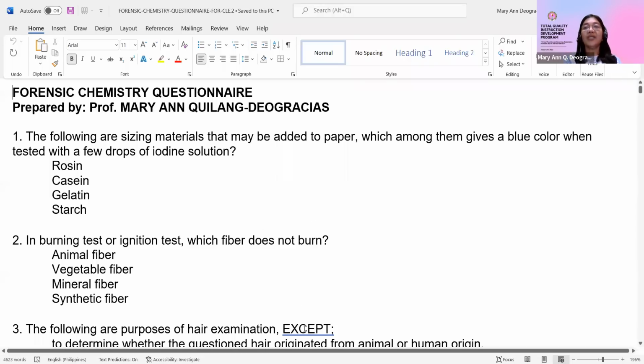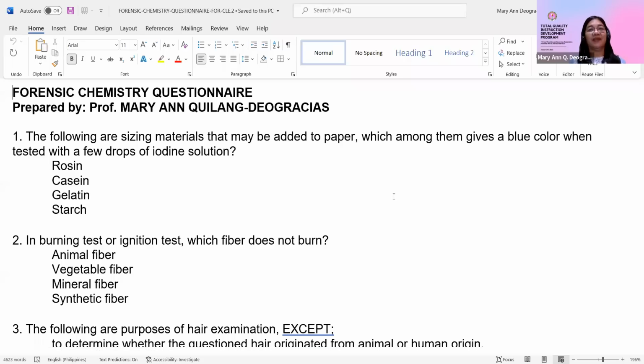Alright, number 1. So we'll discuss the correct answers of this then. Number 1. So the following are sizing materials that may be added to paper. Which among them gives a blue color when tested with a few drops of iodine solution? Anyone?